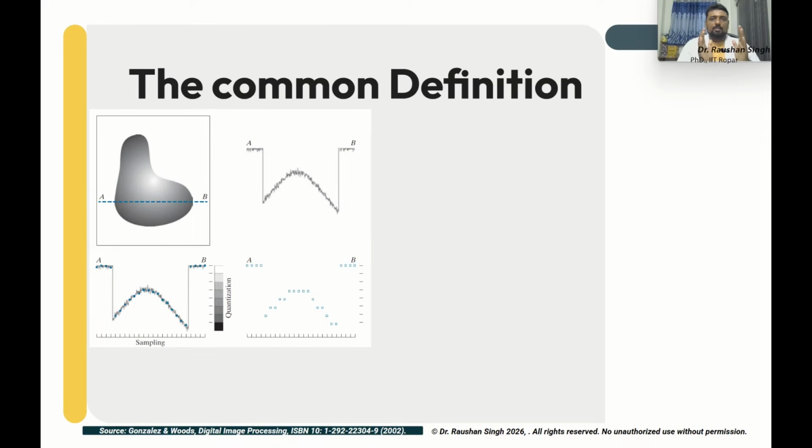Sampling is nothing but drawing from a lesser number of lines. For example, if a kid has a pen and I tell the kid to draw some image, what will the kid do? A small kid of 2, 3, 4, 5 years may try to do a rough image, maybe a circle, a square, or something, because from very few lines the kid is trying to portray something.